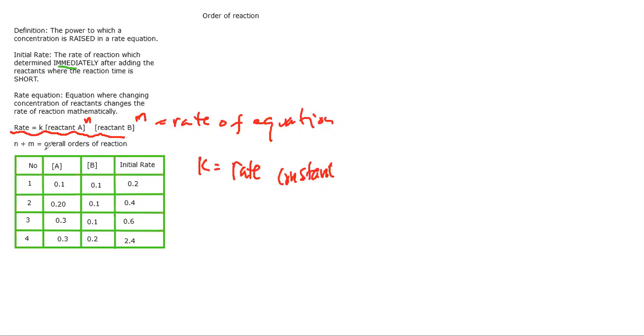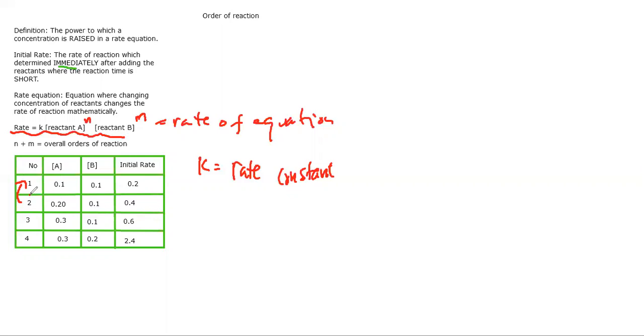It is possible for me to compare experiment number 2 to experiment number 1.